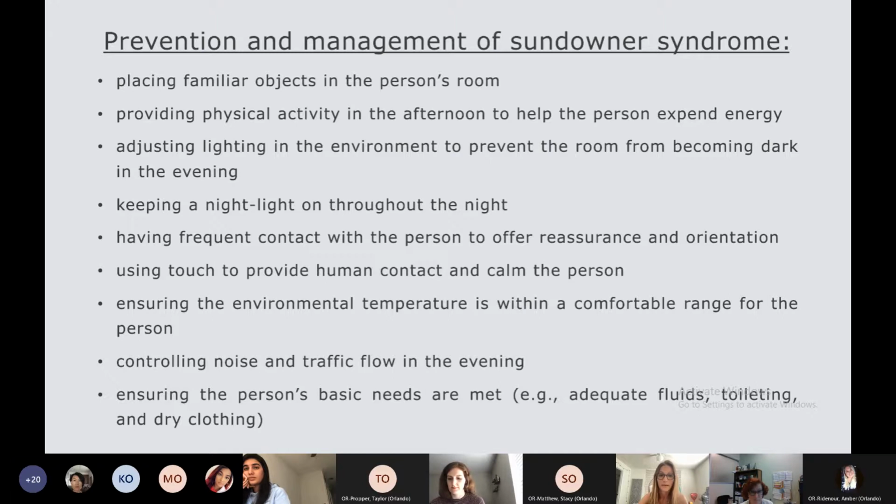Make sure there's a night light for them, just in case they get up. It shouldn't be pitch black, but it also shouldn't be super bright. Touch, if you know that person is accepting of touch, because it may calm down the person and reduce the stimulation. So, reducing noise, and then make sure all of the personal basic needs are met.